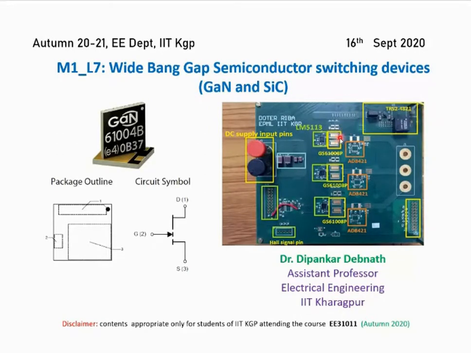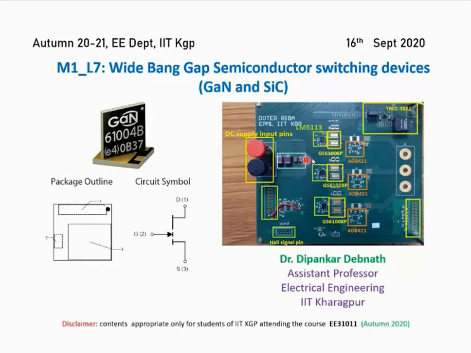So the PCB itself should be designed in such a way that it can take out the heat. These are the typical terminal sizes used in your PCB, so you can roughly compare how small those devices are with respect to the terminal.